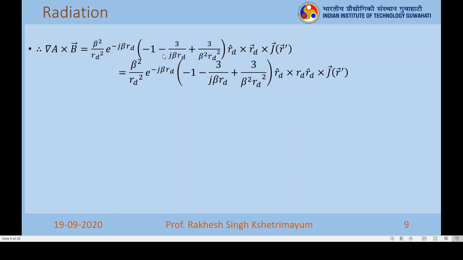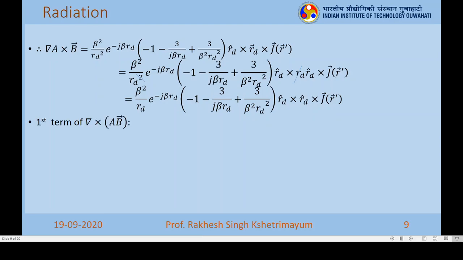So can we simplify it? You can replace this RD vector by RD hat. RD is the amplitude of the RD vector, RD hat is the direction of the RD vector. So this RD here and this RD square, you can cancel it out. So the final expression is like this. We have the second term of the integrand of the electric field expression.